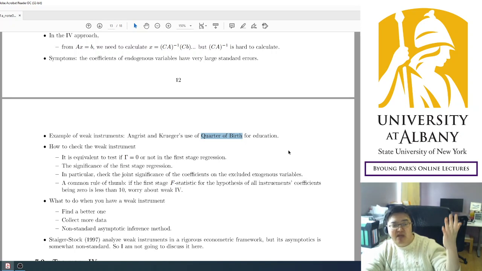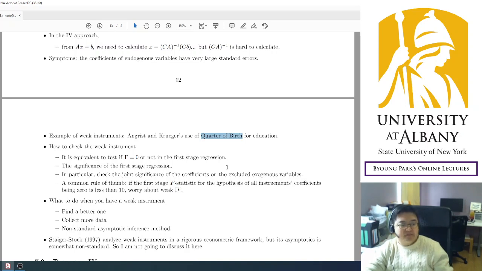That means the correlation between quarter of birth and education is weak. So many people criticized the original work, but the idea behind quarter of birth and education is not wrong.